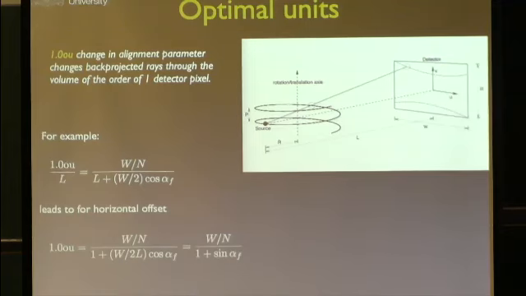We should bin it down by a factor of 2. So that gives us 1 optimal unit. And since we do that for all parameters, all the changes in any parameter will then give approximately the same sort of amount of error in the reconstructed volume.